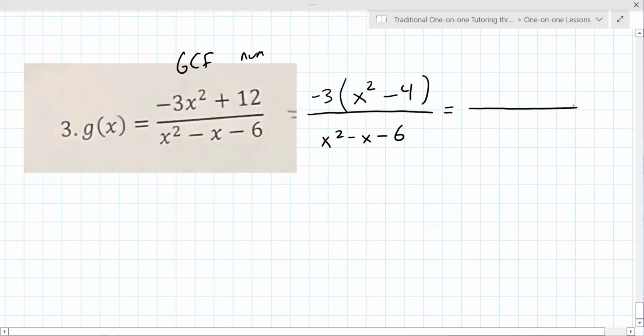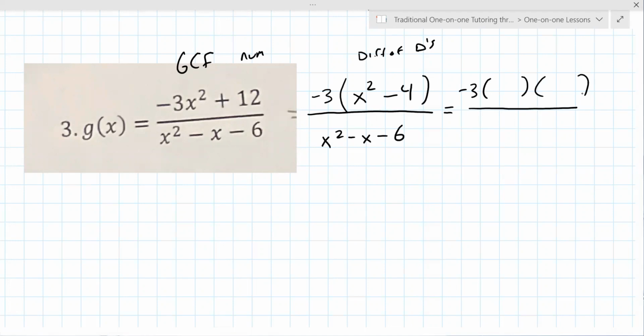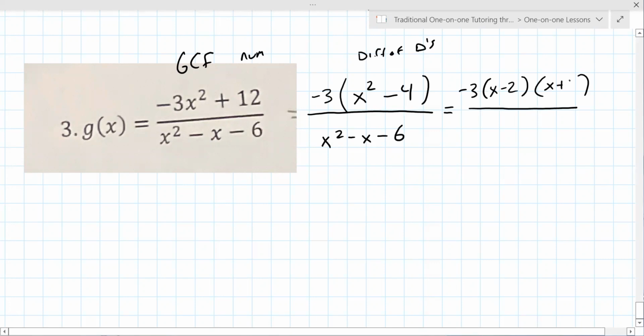And do you see now that this is a difference of squares? Yes. Okay, can you tell me the result when you factor that, please? It would be x minus 2 and x plus 2. Very good.